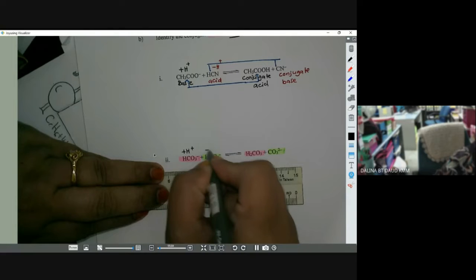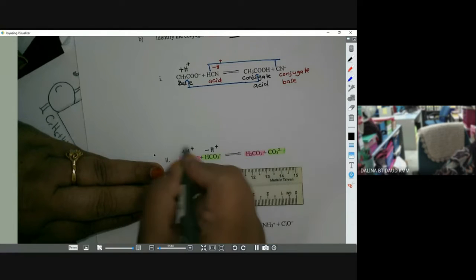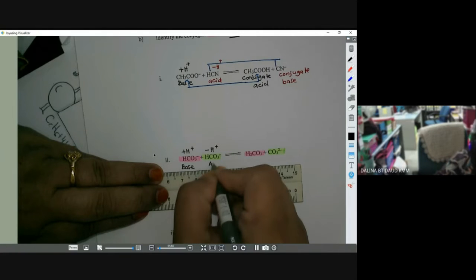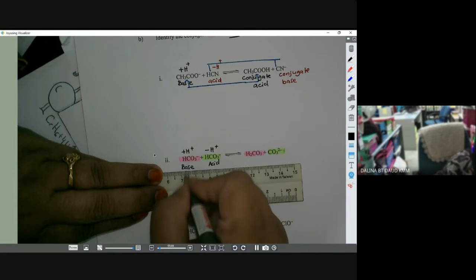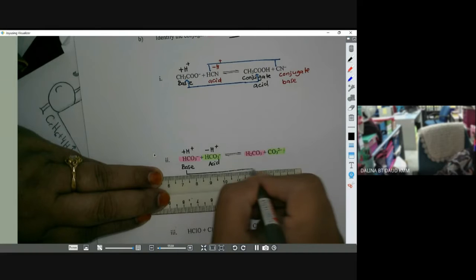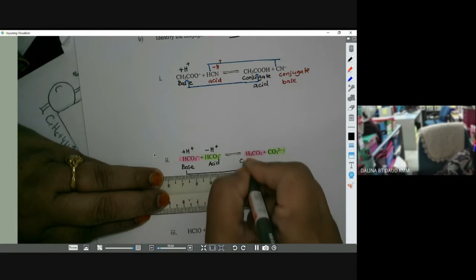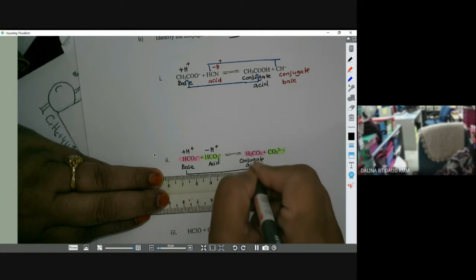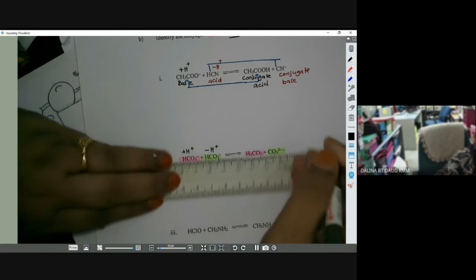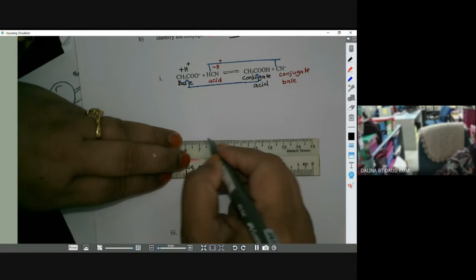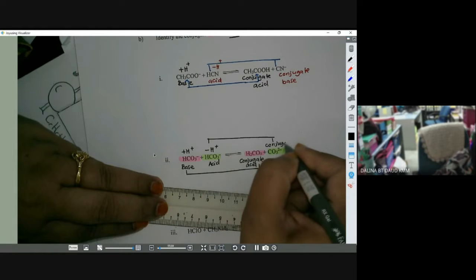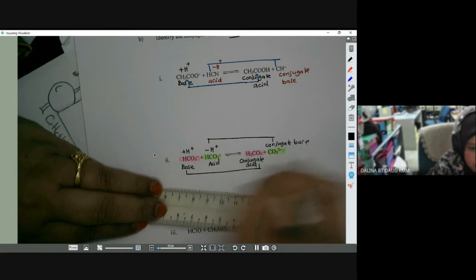So, menerima H plus, automatic this is base. And this is acid. Automatically, the base now, the pair now is known as conjugate acid. And the other one is known as conjugate base because it comes from the acid.